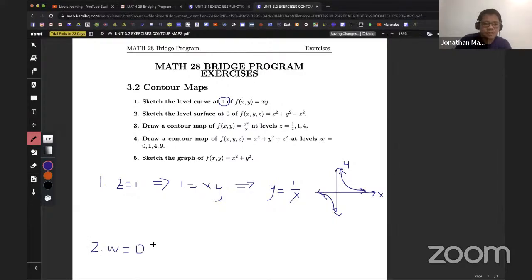So that means we will be having a function x squared plus y squared minus z squared equals 0. Okay? Kung babalikan nyo yung concept natin on quadric surfaces, what is the graph of x squared plus y squared minus z squared equals 0?